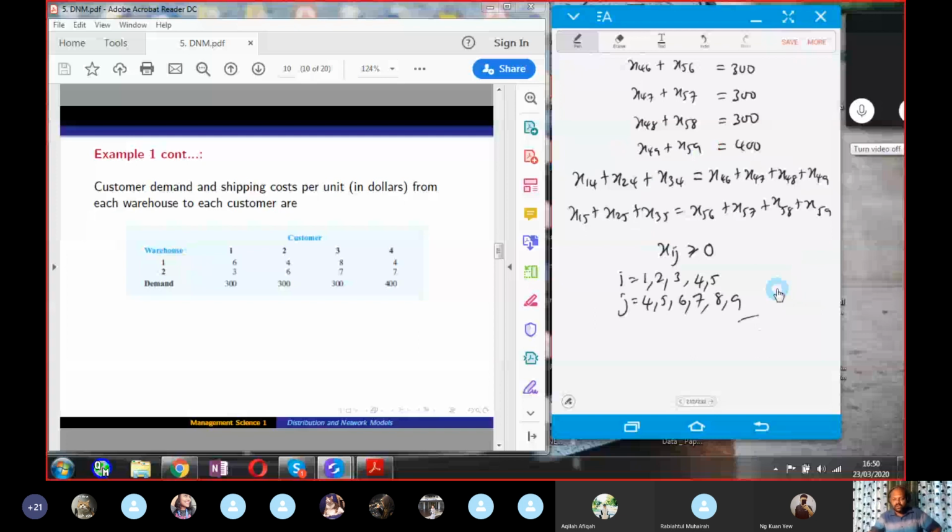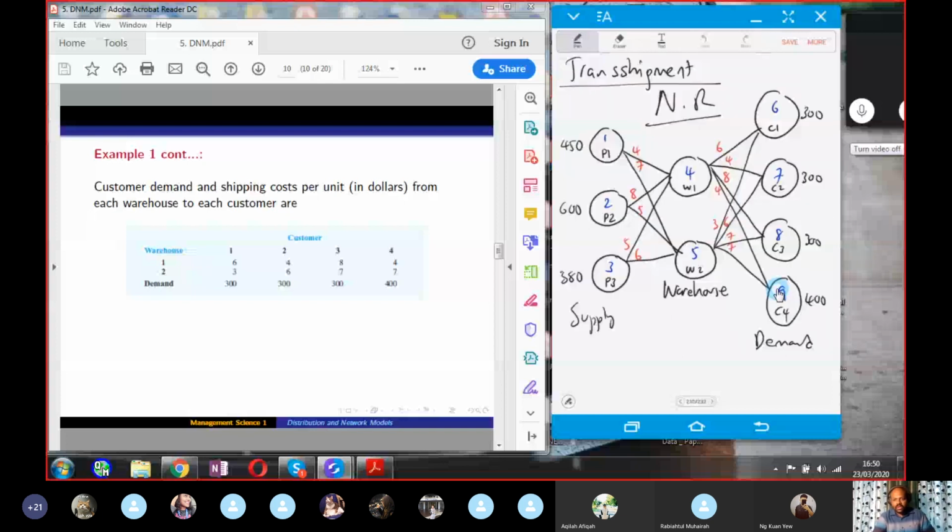This is the answer for the example 1 LP model. Okay, so be careful in the test or in the final or whatever assessment, whether they're asking for transportation or transshipment. If transshipment, you should be aware that there is a warehouse, middleman. For transportation, there's no middleman, straight away from supplier to customer. Okay, this is example 1.